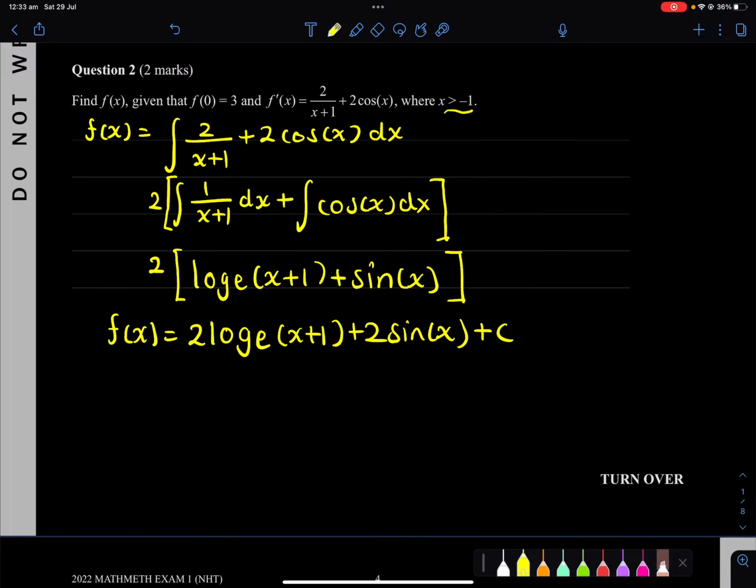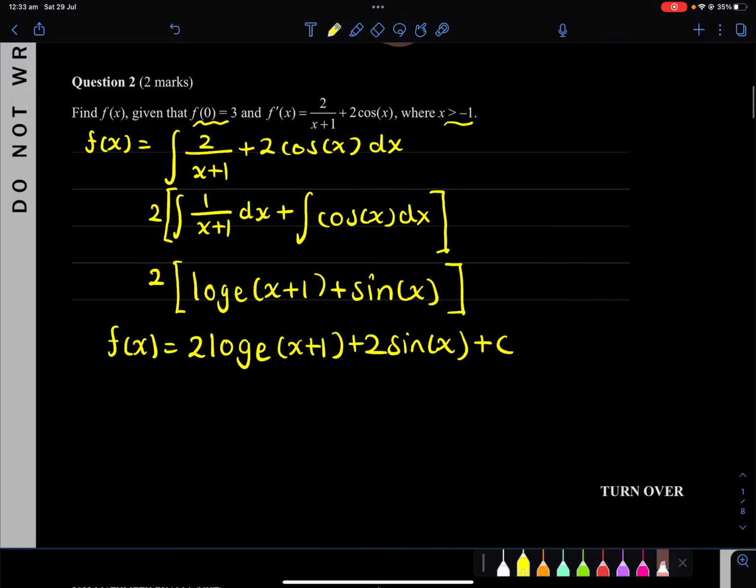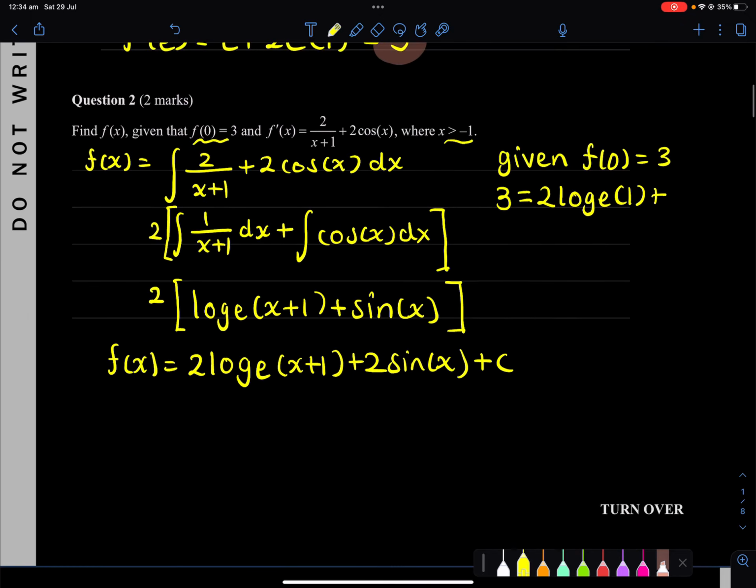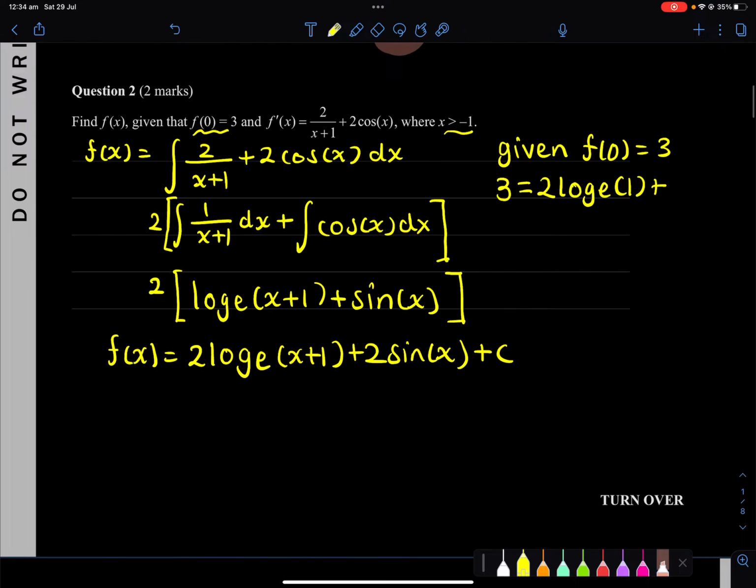Now we're given the condition that f of 0 is equal to 3, so we can say that given that f of 0 equals 3, f of 0 will be 3. This will be 2 log e of 1 plus 2 sine 0, which is just 0, plus c.